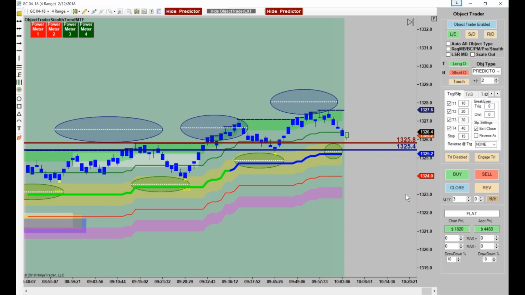Where would your stop be if you got in this predictor? Anybody? May not get this one. It looks like it just missed it. Yep, I think it just missed it. So far it has anyway. May still get it though.